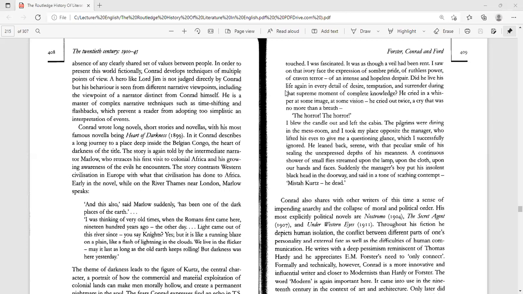And Marlowe has a job, because Marlowe and Kurtz both are Englishmen. So Marlowe is assigned a job to go there and bring back Kurtz.